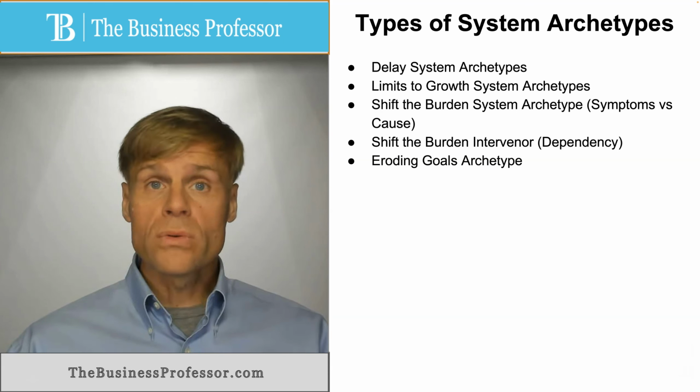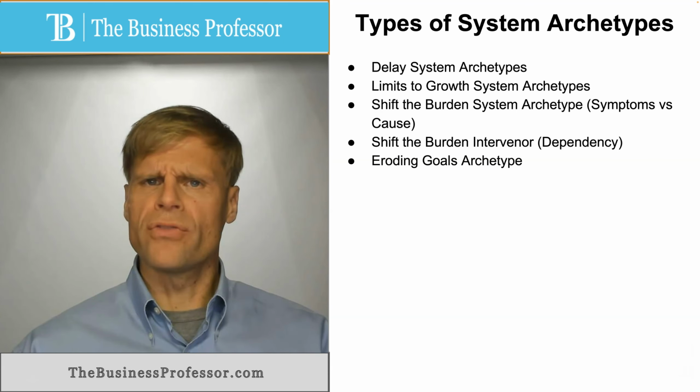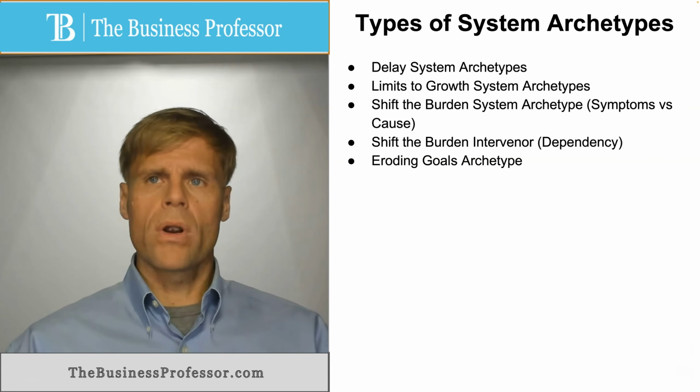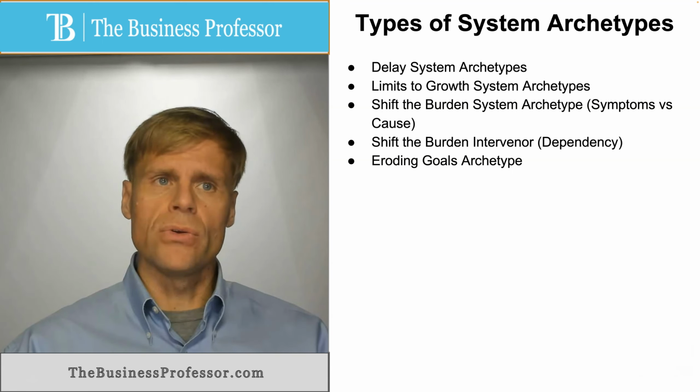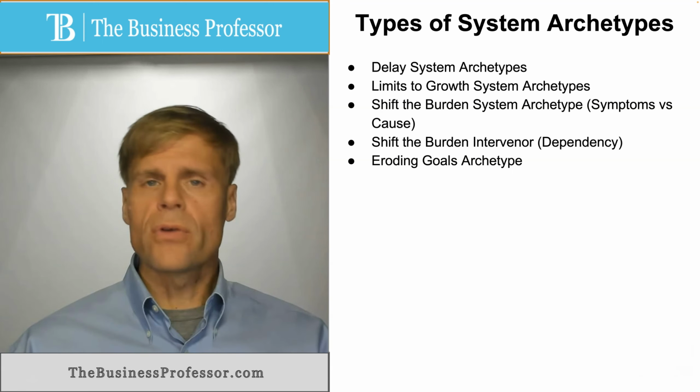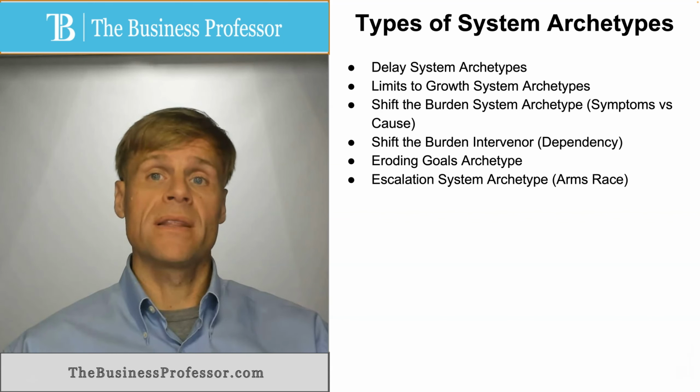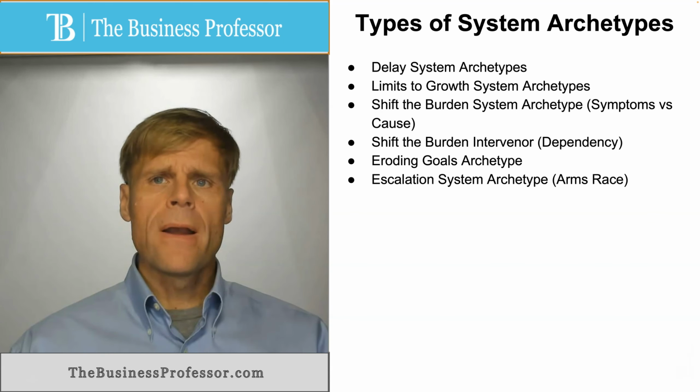The eroding goals archetype, that's where you get form over function, whereby you're focusing more on maintaining the system than you are actually focusing on achieving the outcome that you desire in the system itself.